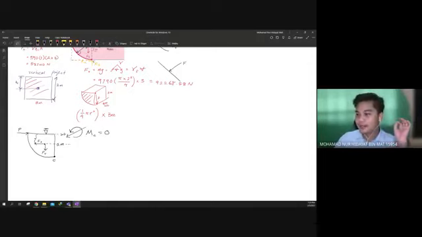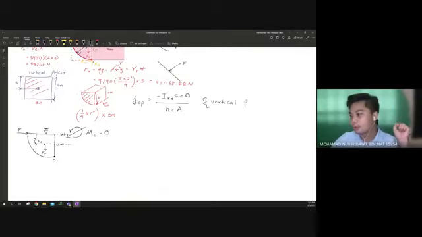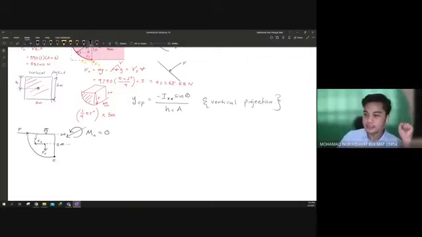We must find the YCP, which is negative I XX sine theta over HC multiplied with area. So in this case, we look at the vertical projection. Where is our vertical projection? This one.